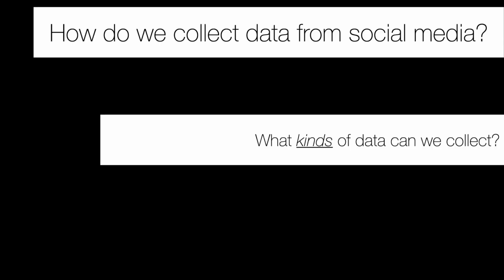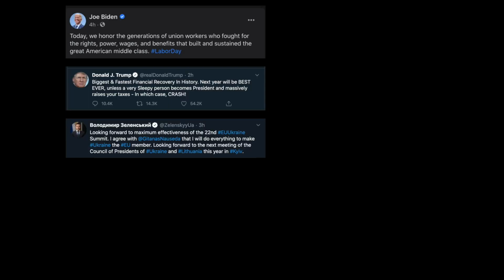All right, so we've talked about ways that we can get data. Now we'll talk about what kinds of data we can get. So we might be able to look at content that people are posting. So these are politicians on Twitter. What are they saying? We can study the content they're sharing to get an idea of how they view particular issues.